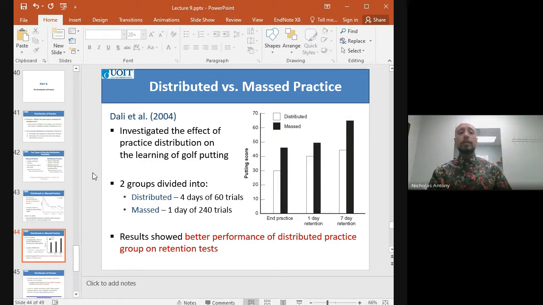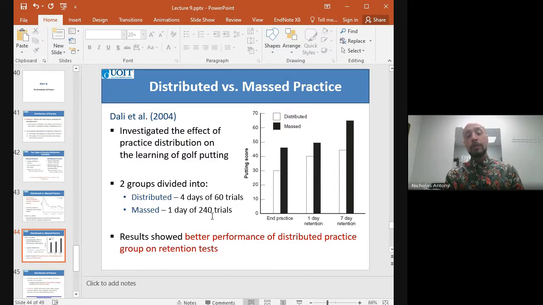Here we had one study that was evaluating golf, so golf putting. And so what they did was they had 2 groups. The distributed group did 4 days of 60 practice trials, whereas the second group, which is a mass practice group, did 1 day where they did all 240 trials of practice.